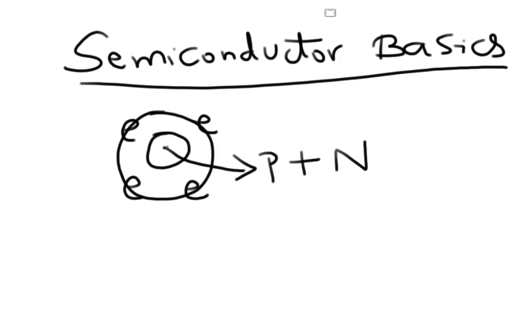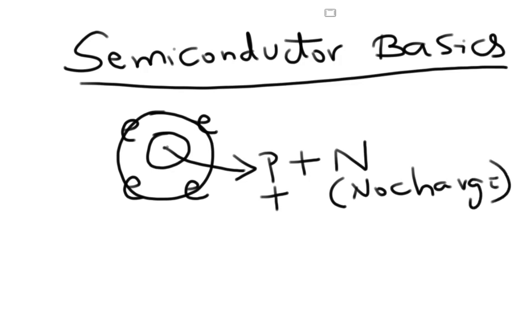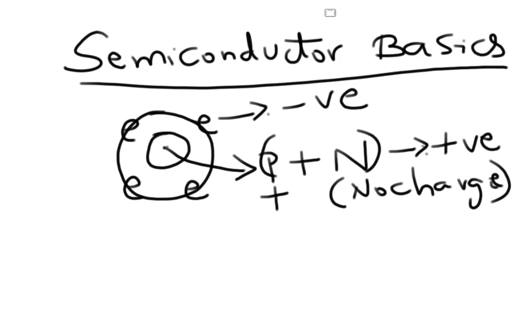Protons have positive charge while neutrons have no charge. Hence, nucleus has positive charge. Electrons have negative charge.